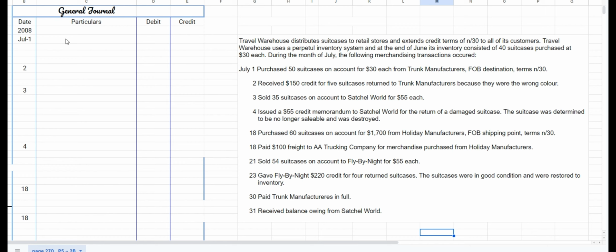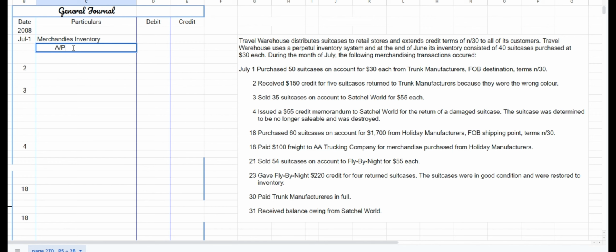So this transaction, you're gaining merchandise inventory since you're buying suitcases. So it's a debit to merchandise inventory. And since you're not paying it right away, it says you purchased it on account. The credit account is accounts payable.